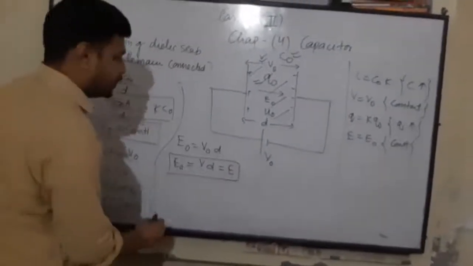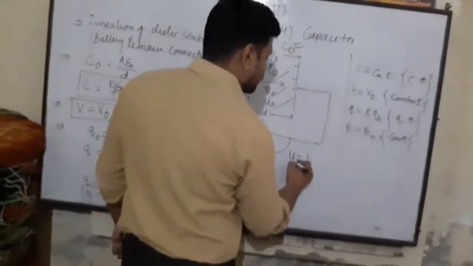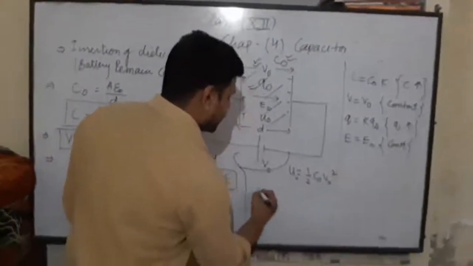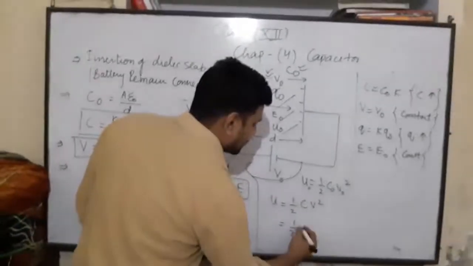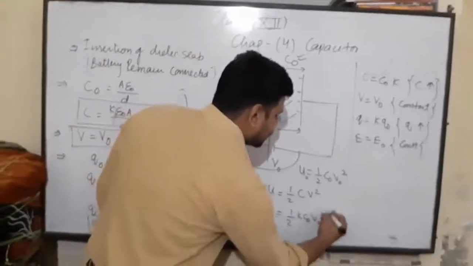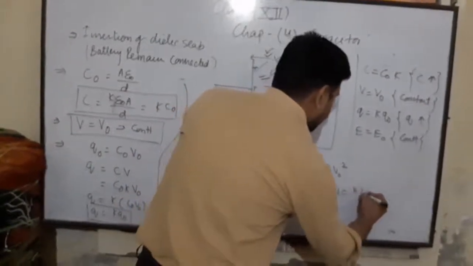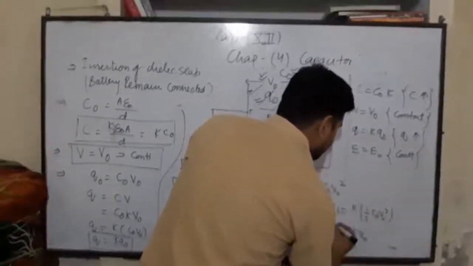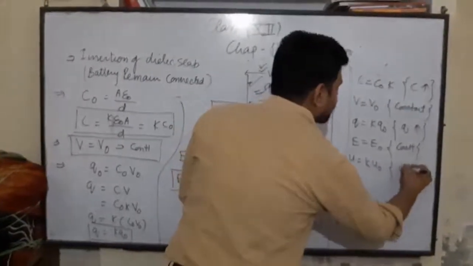And now what about energy? The initial energy is given by U naught equals half C naught V naught square, and the final energy is given by half C V square. The final capacitance, as we know, is K C naught, and V is constant, we can also write V naught. So this becomes K times half C naught V naught square. It means energy is also increased by K times. U is also increased.